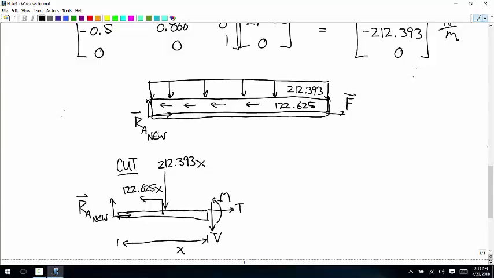We've never seen that because up until now we've only dealt with horizontal point forces, and so we've just had these constant values. So this produces a force, but no moment.